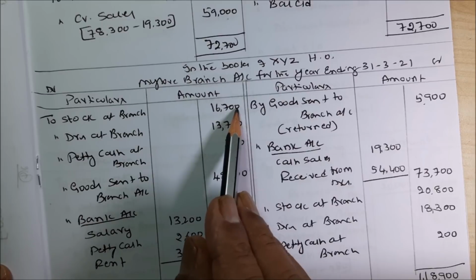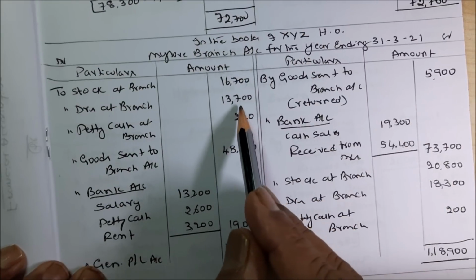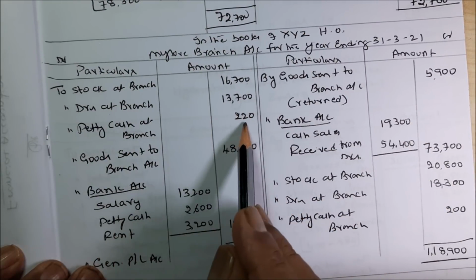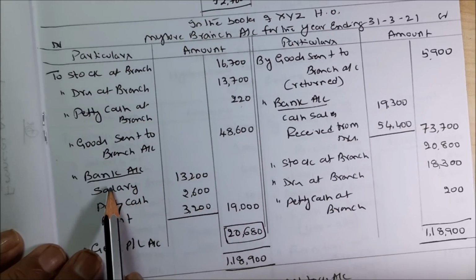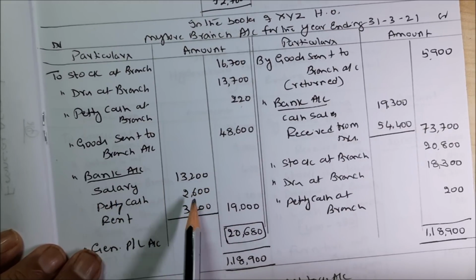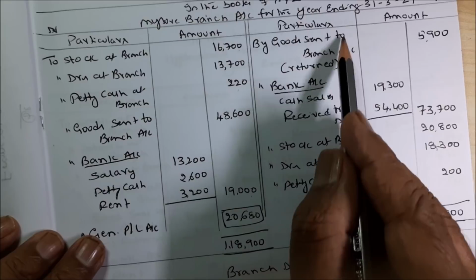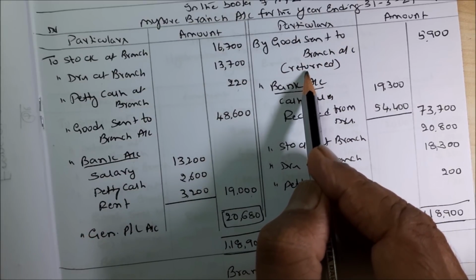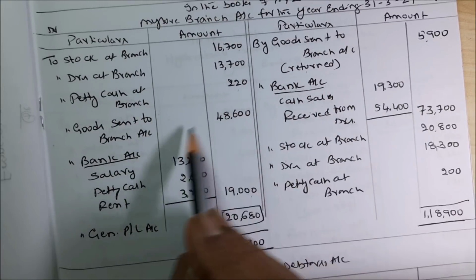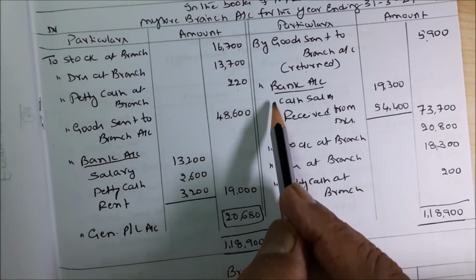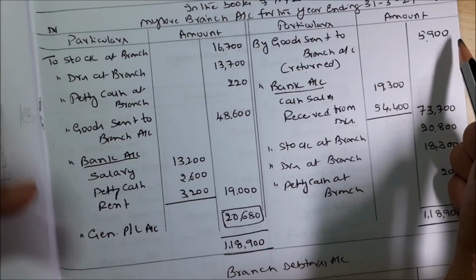Stock at branch 16,700, debtors at branch 13,700, which we have found out, petty cash at branch 220, goods sent to branch 48,600, salary 13,200, petty cash 2,600, rent 3,200, total 19,000. For goods sent to branch returns, I have already told you what you can do: 48,600 in the inner column, less returns 5,100, then write the remaining in the outer column. Debit side or credit side, you can write anyway, it is one and the same.